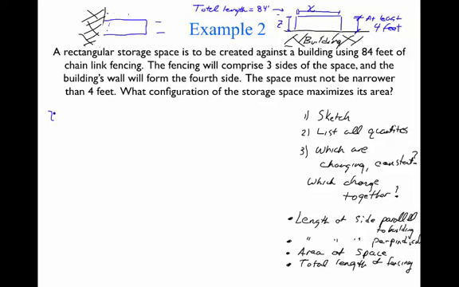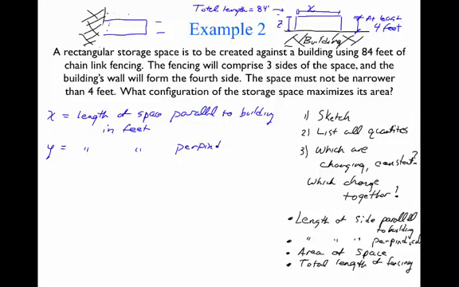So let's start writing these down. x is the length of space parallel to the building, and we better put a unit on it, in feet. y is the same thing, but perpendicular, in feet.